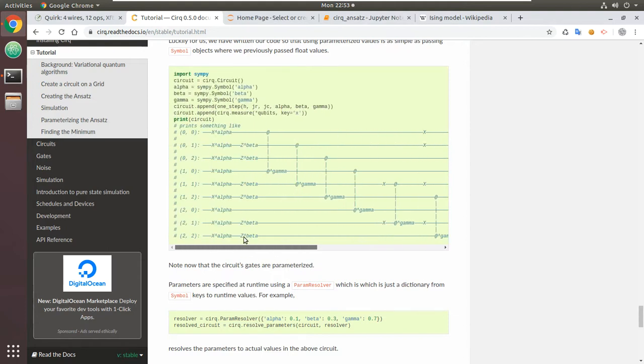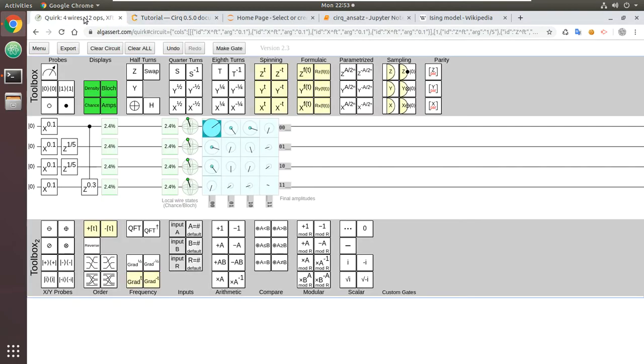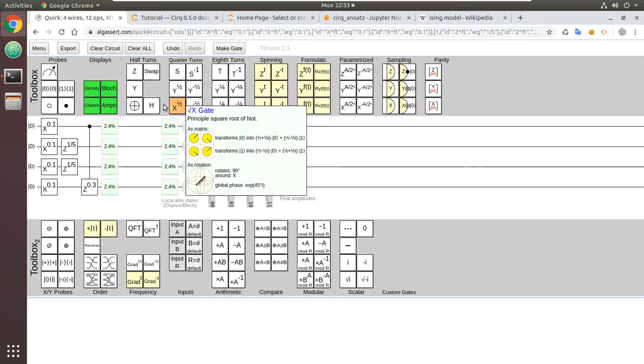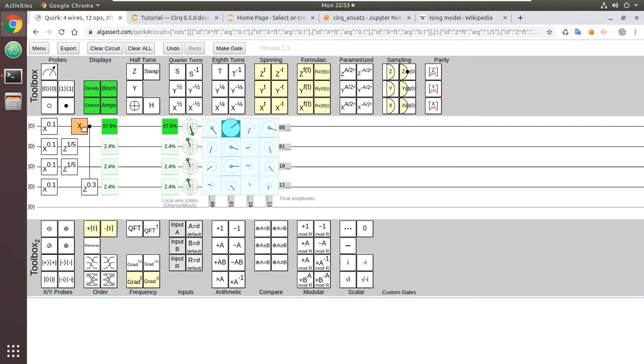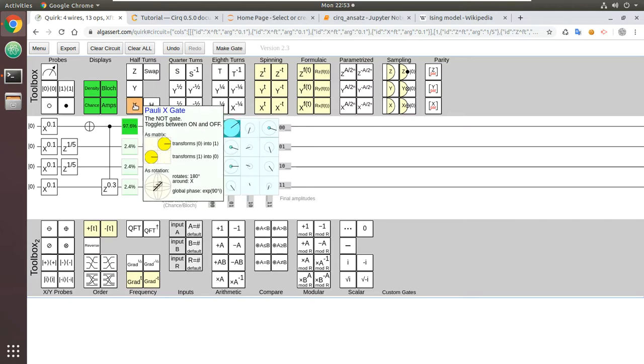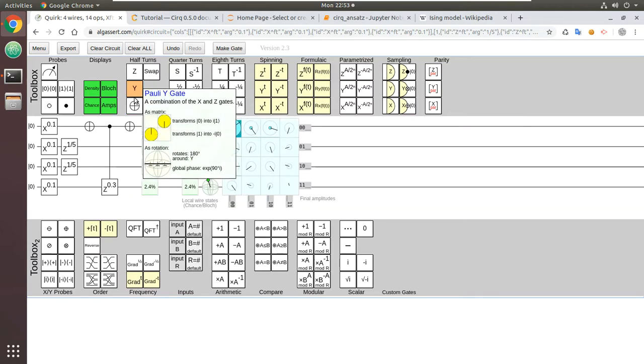What if I add the X gates around it? So we assume there's an antiferromagnetic influence. Oh yeah, that does change. But this will make it go back.